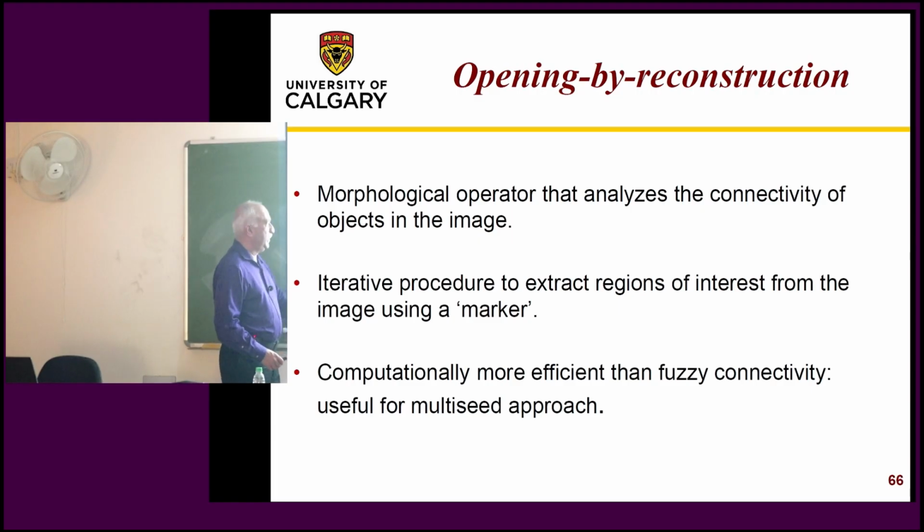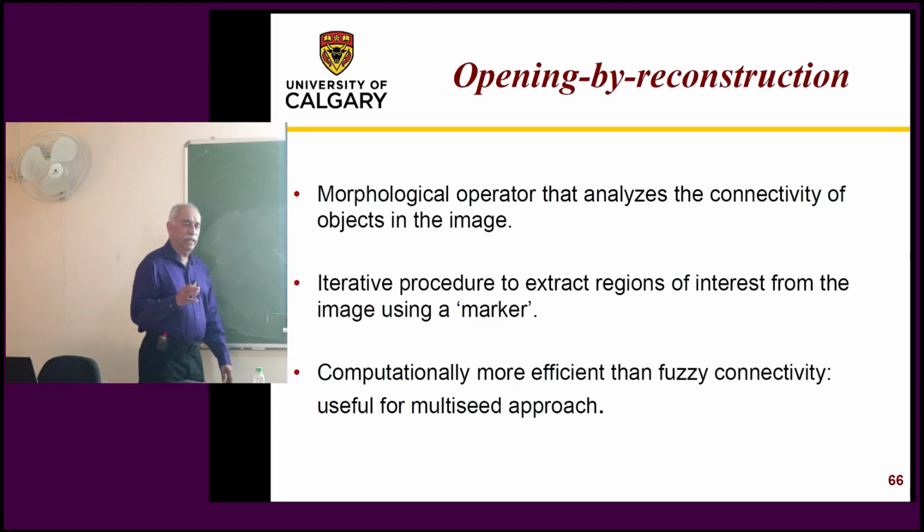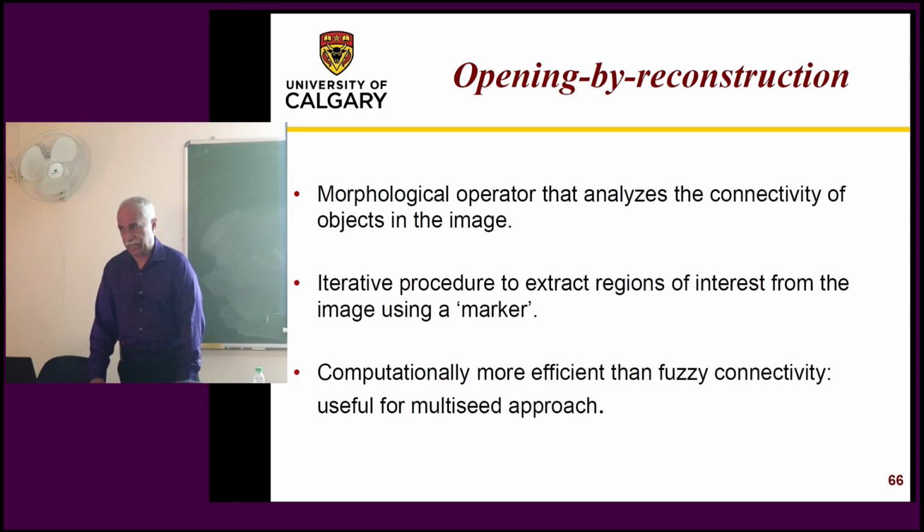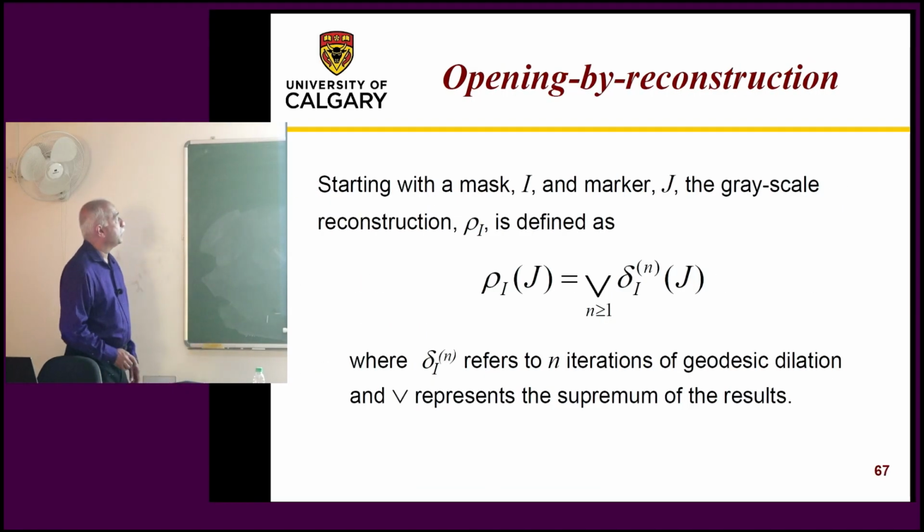It is more efficient than fuzzy connectivity, and it is useful for multi-seeded region growing. So you may get multiple pixels belonging to the same object using some detection procedure, such as calcifications. We found there are multiple calcifications and multiple seeds for a given region. You can put them through opening by reconstruction.